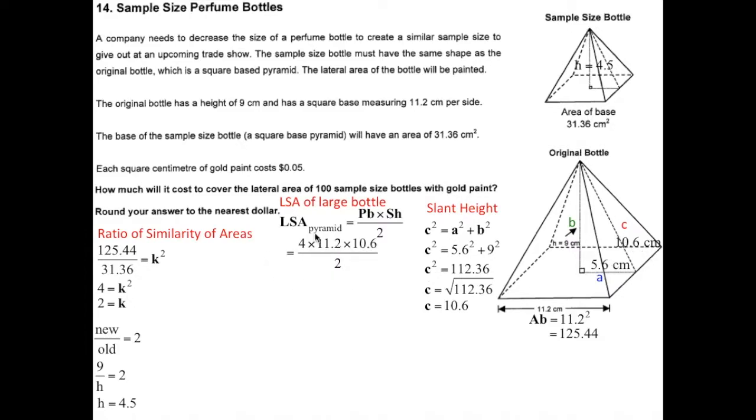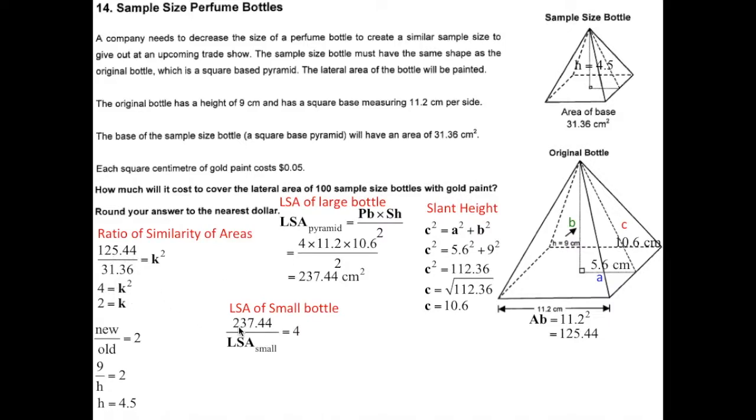So the lateral surface area is the perimeter of the base. That's 4 times 11.2 times the slant height, 10.6, divided by 2, and 2 goes into 4 twice, so 2 times 11.2 times 10.6 is 237.44 centimeters squared. That's the lateral surface area of the original bottle. So the lateral surface area of the small bottle, now I'm going to use this ratio, and my k squared is 4.